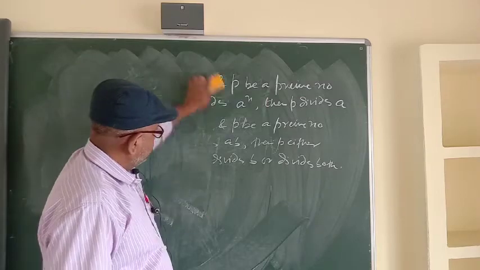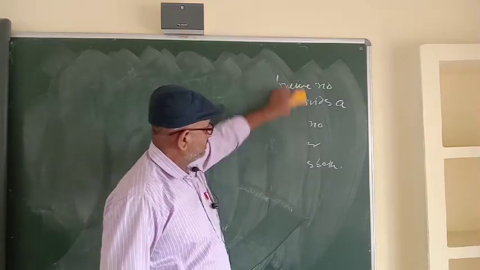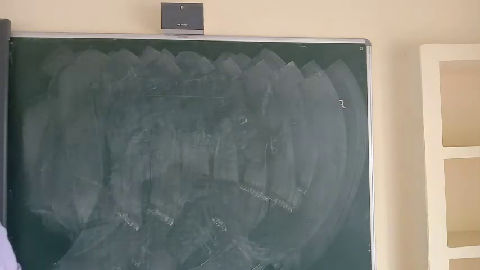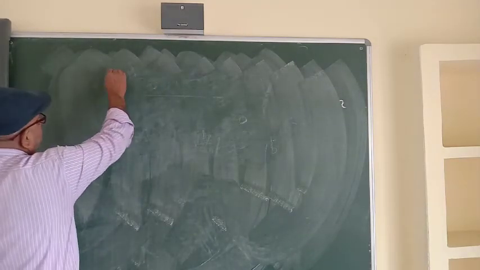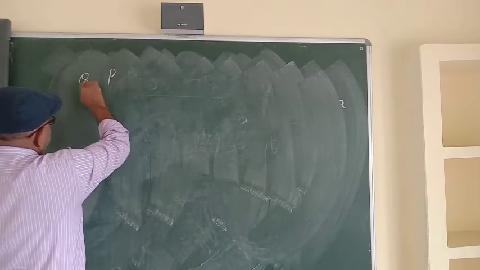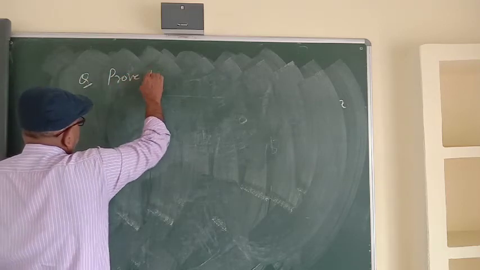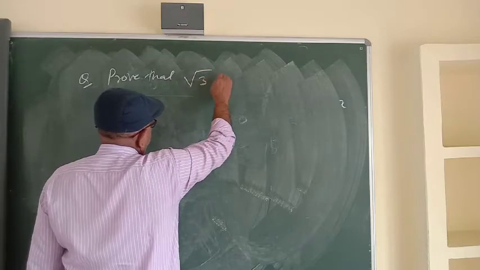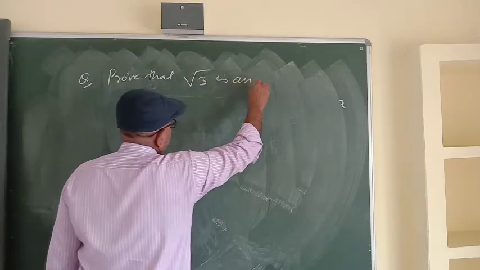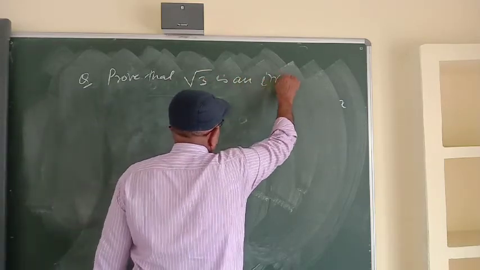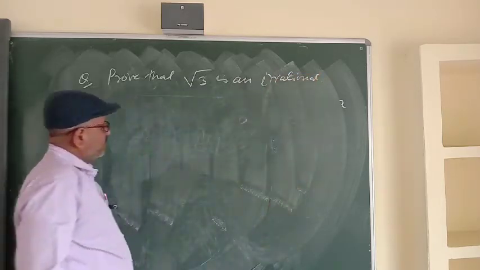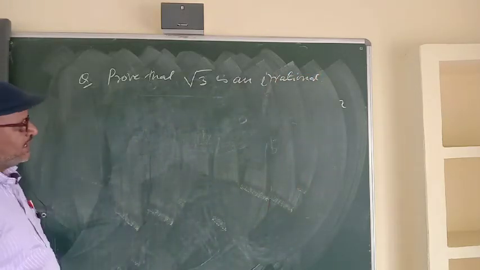So let us take one question. First one: prove that root 3 is irrational. We have to prove that root 3 is irrational.